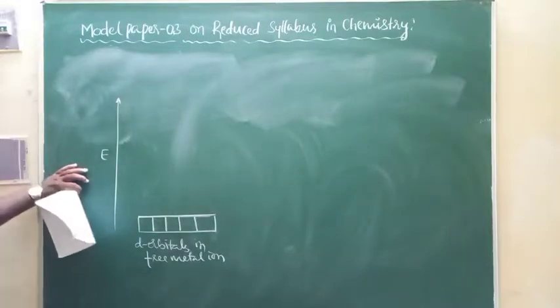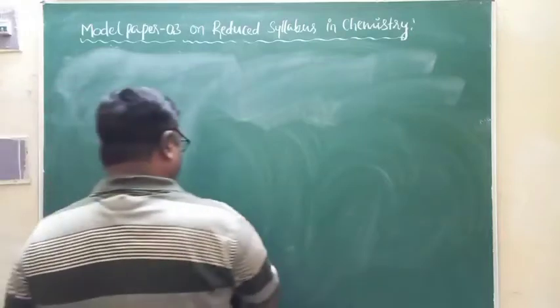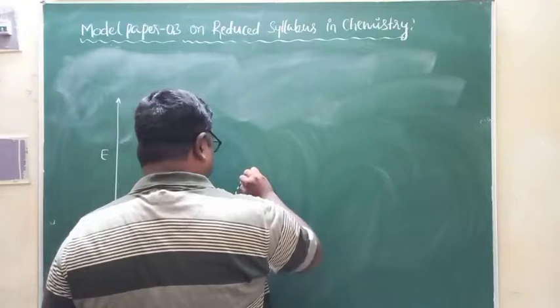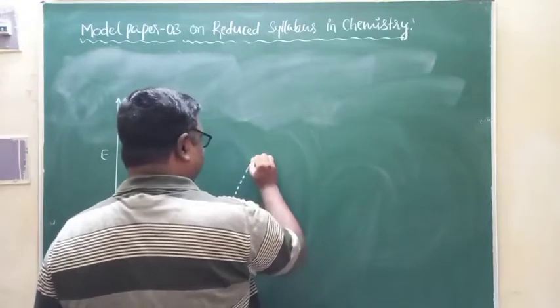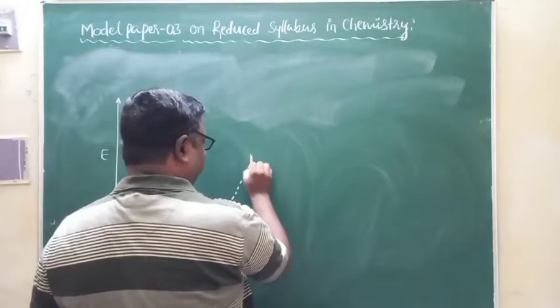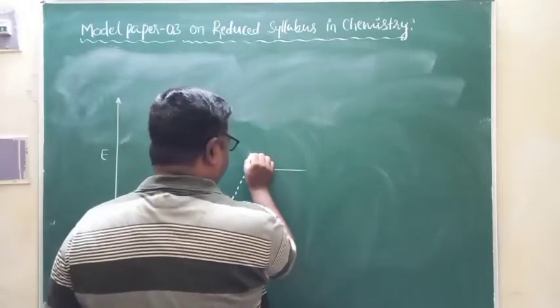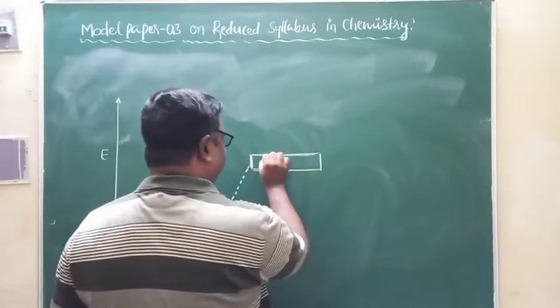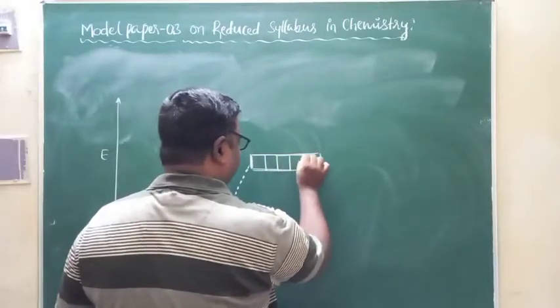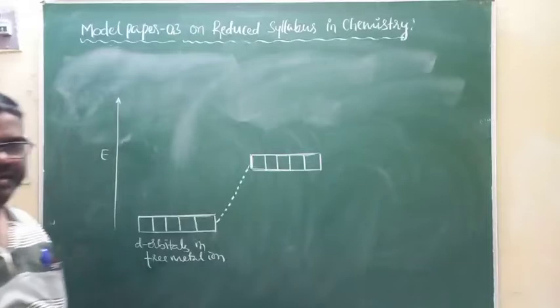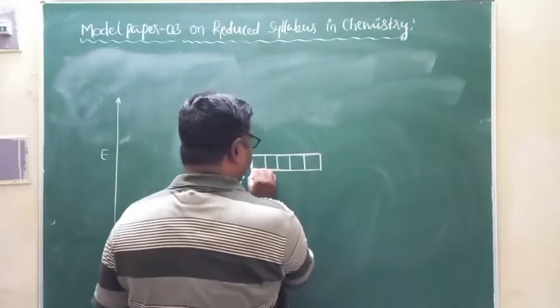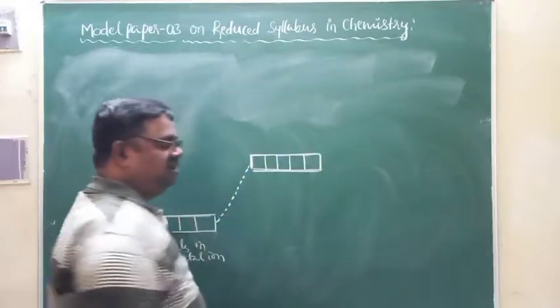During the formation of complexes, ligands approach the central metal ion. Therefore, the energy of these 5 d orbitals will be increased. But even then, the degeneracy of the d orbitals will not be destroyed, because at this position, ligands will form a spherical field around the central metal ion.